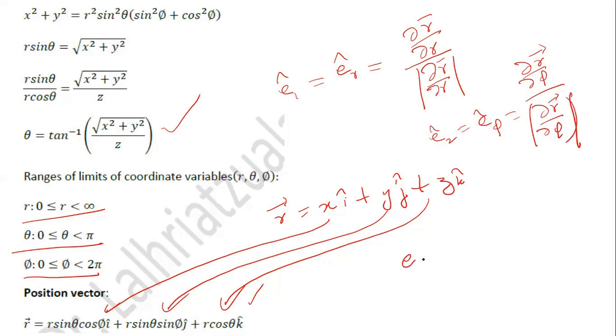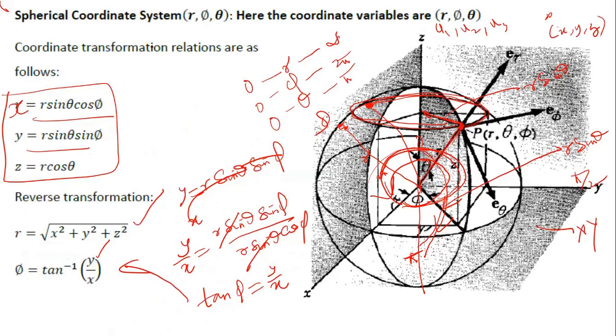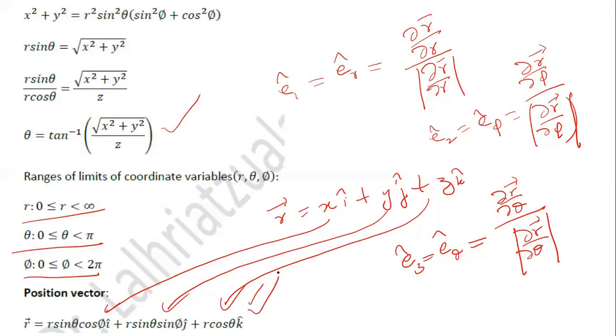And the third unit vector, instead of e3 cap, we will now have e theta cap. E theta cap will be del r vector upon del theta divided by the magnitude of del r vector upon del theta. Once you have the transformation relation, you can write the position vector, and once you have the position vector expression, you can obtain all the unit vectors.